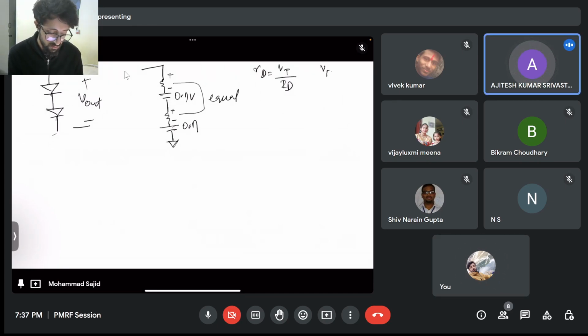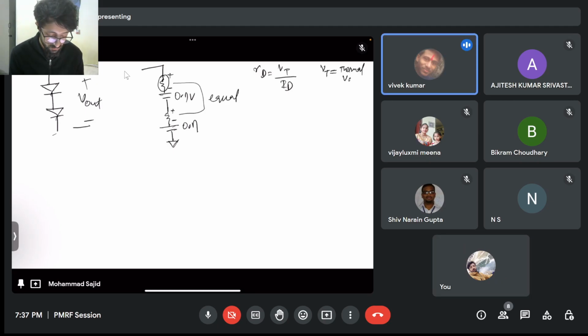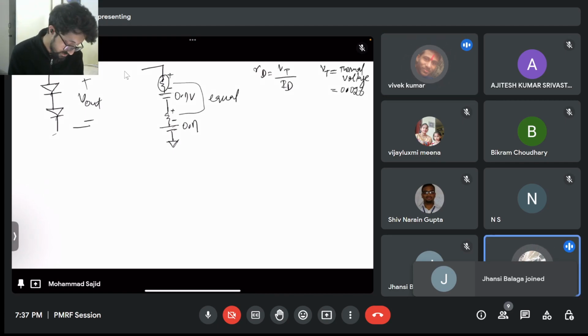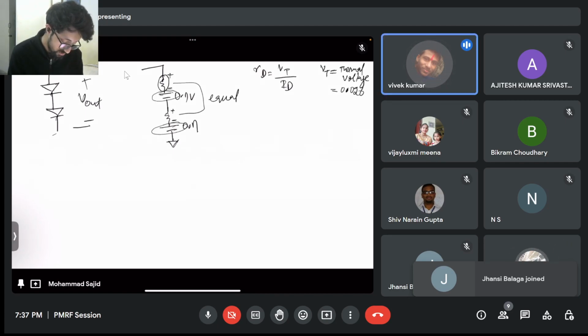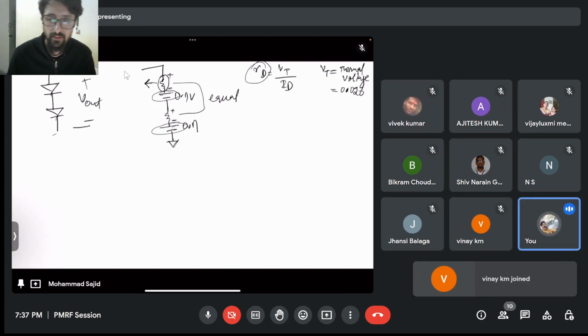No, I want just the value of this potential. 0.7 is across this diode. So this is a resistor. Resistance is given here. The formula is given here to you. So what will be the voltage drop here? You have everything you need.